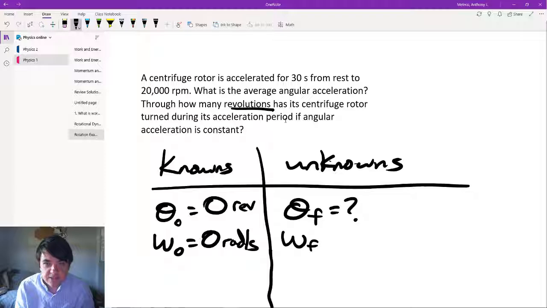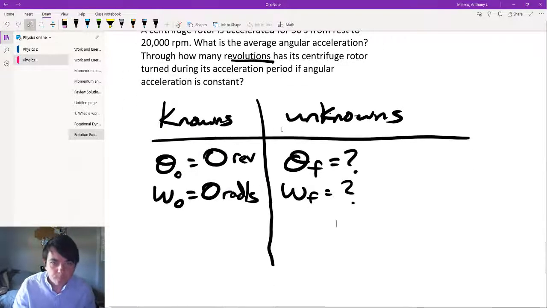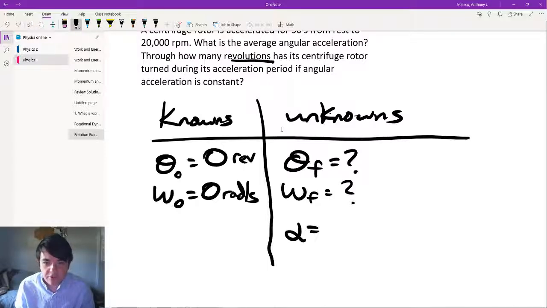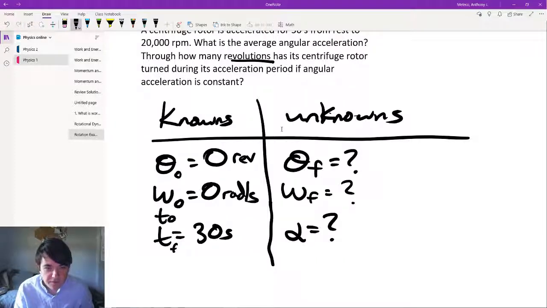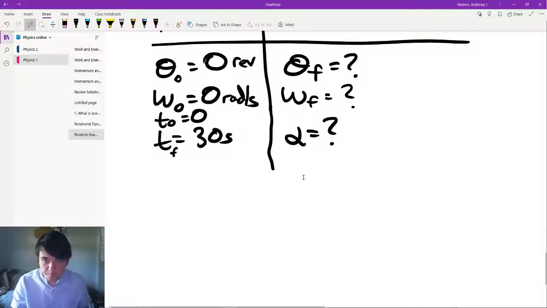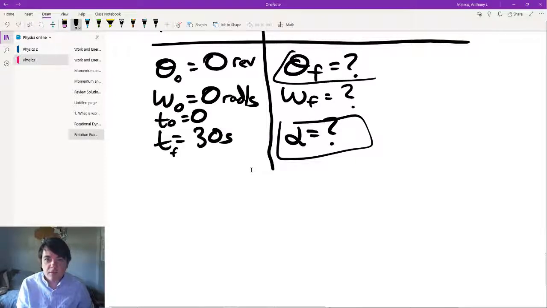We need this to find the average angular acceleration, and you'll see how we find that. But we don't know it right now. And then, of course, what is the average angular acceleration? We don't know. We do know time. Time is 30 seconds. You can have t initial, t final if you want, but we're going to do 0 and 30. Okay. So, if you remember, we ultimately need this and this.